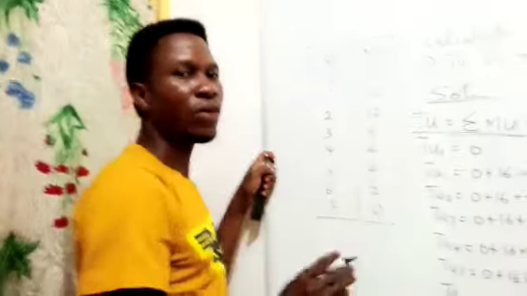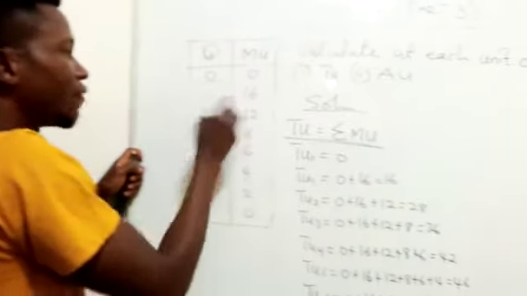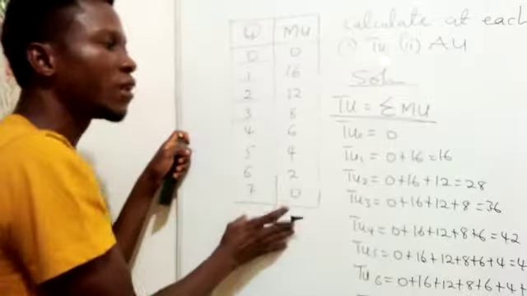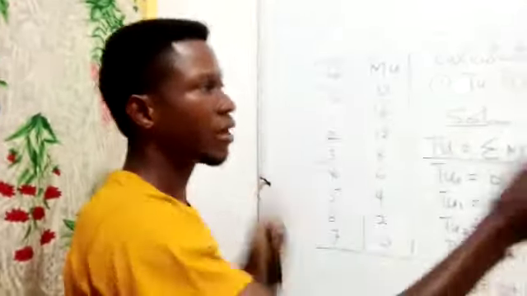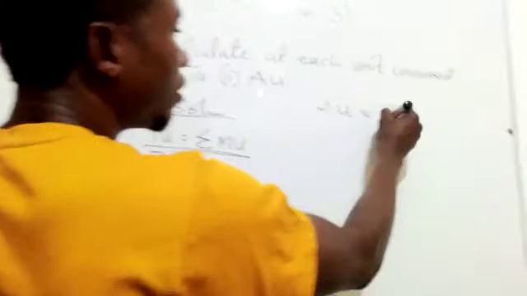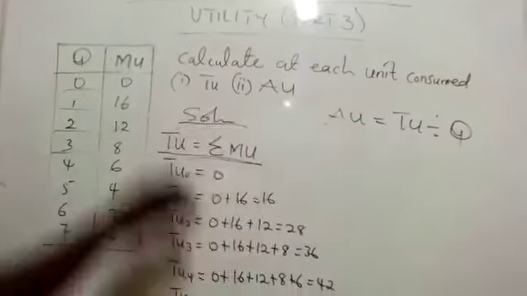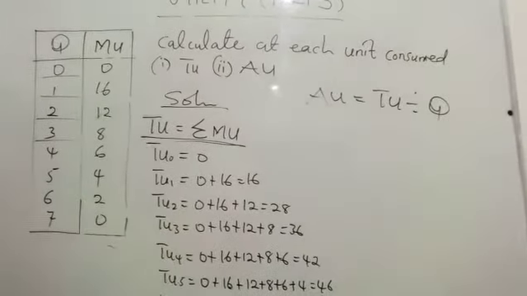No, at each level, the first level, the second level, the third level, the fourth level, at all these levels, you need to find your total utility. And now that you have your total utility, you can find your average utility, which is AU equals what? TU divided by what? Quantity. So using this formula, you can get your average utility. Is that okay?